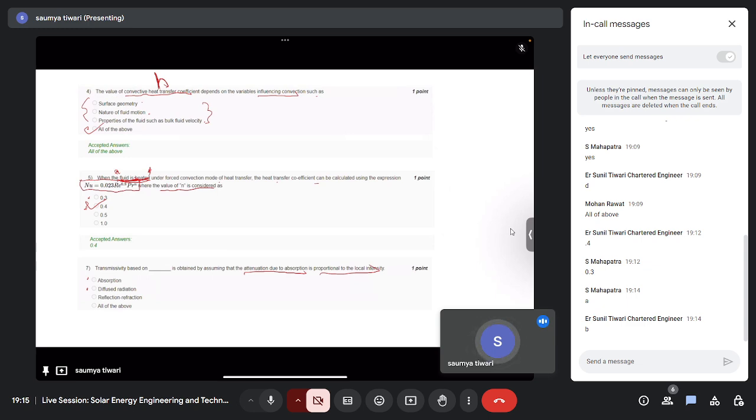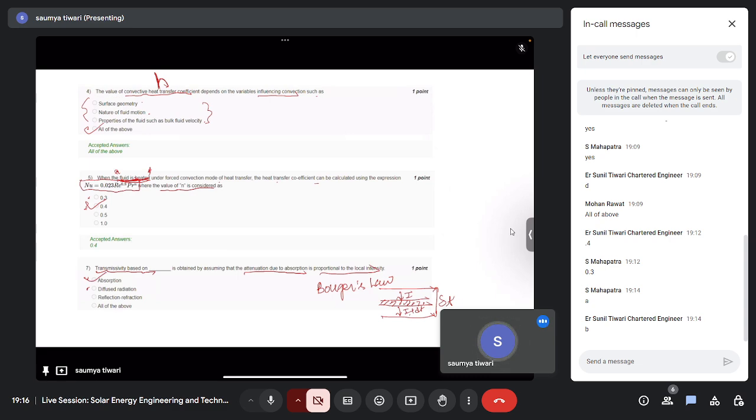Okay, if you'll remember, for this question, we have taken a very small area. This is your delta t, this was your intensity I, and this was, say, I plus dI. So this statement is Bouguer's law, which is basically used to get the transmittivity based on absorption.